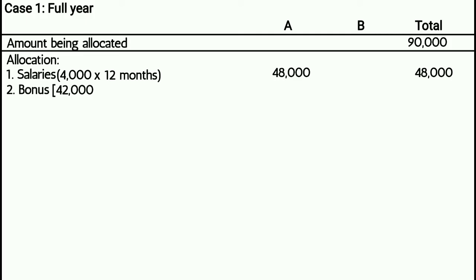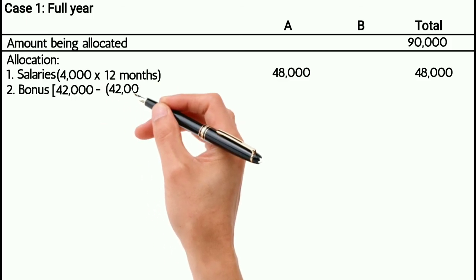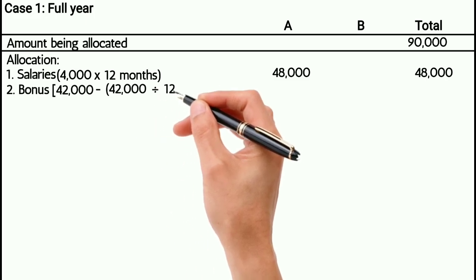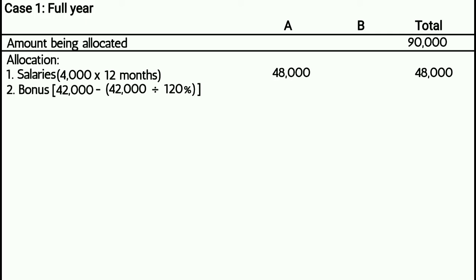This time, pwede na nating ma-compute yung bonus. Bonus is equal to 42,000 pesos minus the quantity 42,000 pesos divided by 120%. Saan galing yung 120%? Galing yan sa bonus rate na 20%.